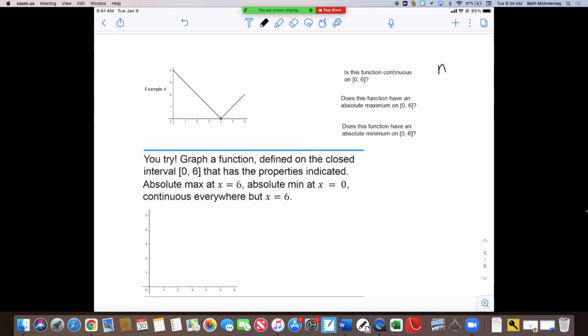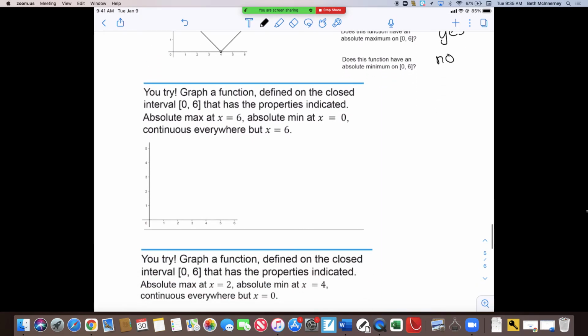No, there's that open circle. Does it have an absolute maximum? Yes. Where is it? You got it. Okay, do you see that? On that closed interval, 0, 4 is in fact the absolute maximum. Does it have an absolute minimum? No.